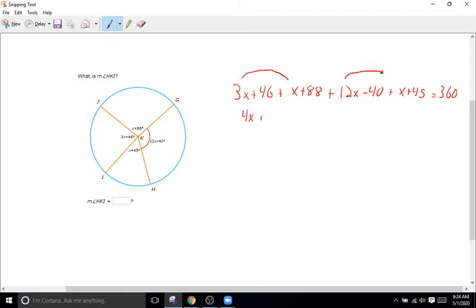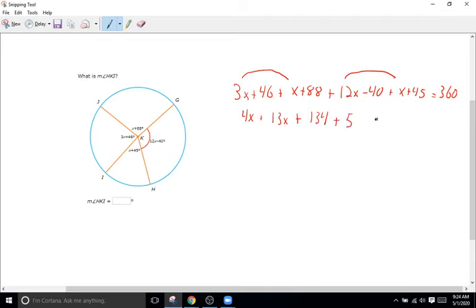So let's combine those two right there. And I'm going to combine these two over here. So plus 12x and plus x is 13x. And then I'll combine some of the numbers now. So 46 plus 88 is 134. And then negative 40 plus 45, or 45 minus 40, is just positive 5.